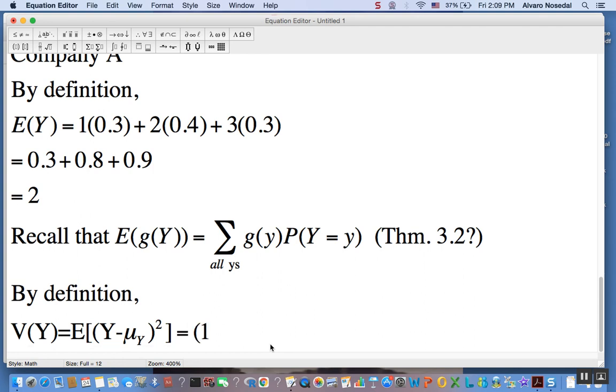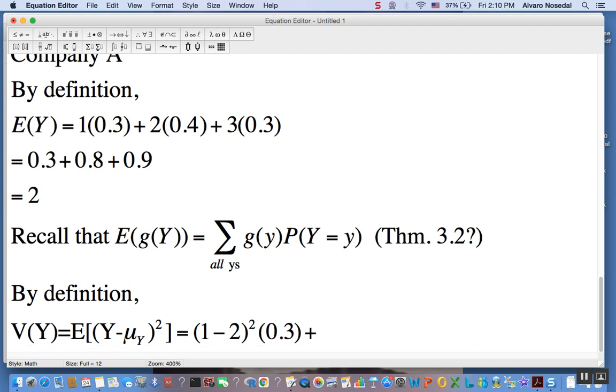So it would be 1 minus the mean, which is 2, squared, times the probability of that possible value, the probability of y equals 1, and that probability happens to be 0.3. So 0.3.